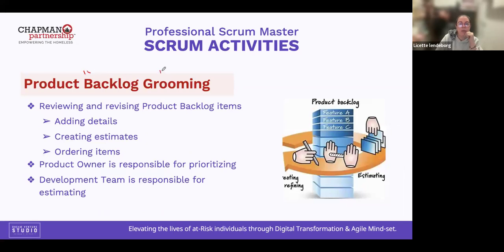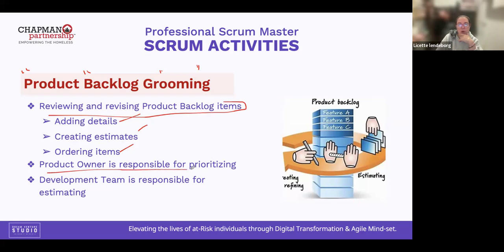And backlog grooming is not a Scrum activity. It's not one of the 5 events, but it's something that we need to do as much as possible. It's all about reviewing and revising the product backlog items. We can add details, create estimates, and prioritize the items.